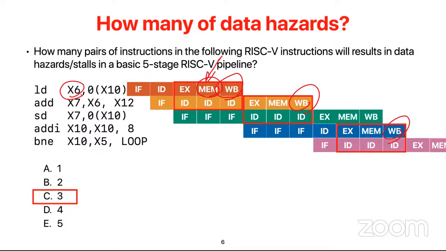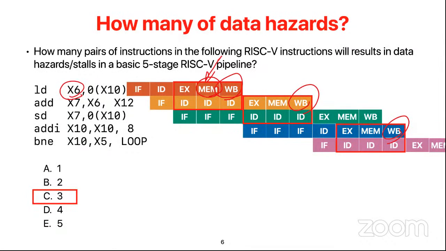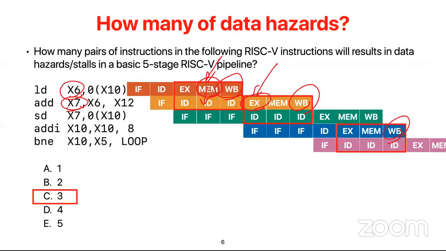It's just that there is no bypass hardware allowing us to propagate this value to the instruction, for example, this instruction. So we have to wait an additional cycle. Same thing here for X7: after the execution stage, we already have the right value for X7. However, because there's no appropriate hardware for us to pass this result to the instruction, we have to stall.